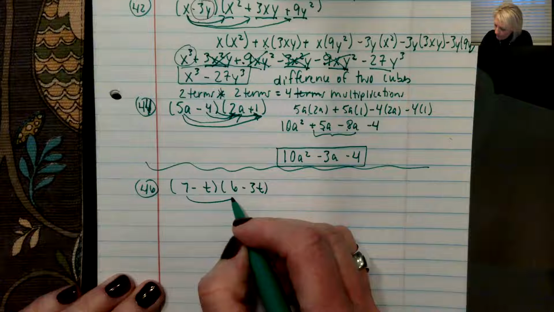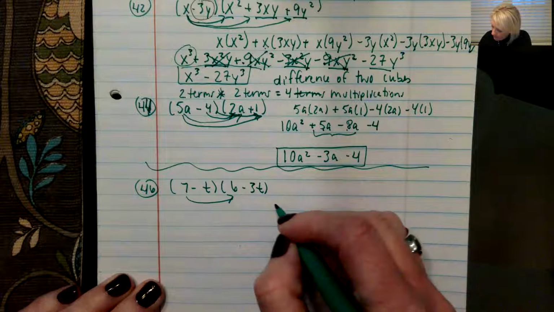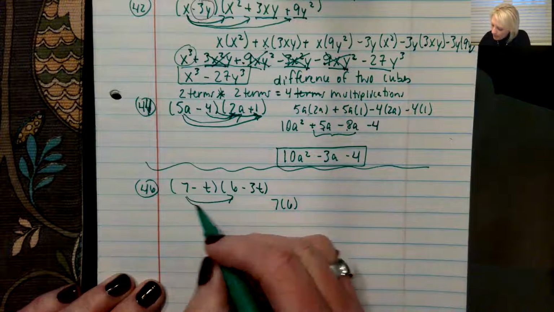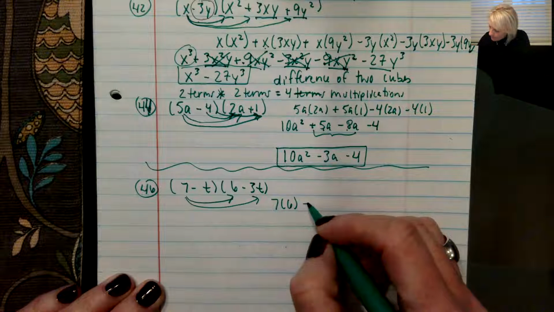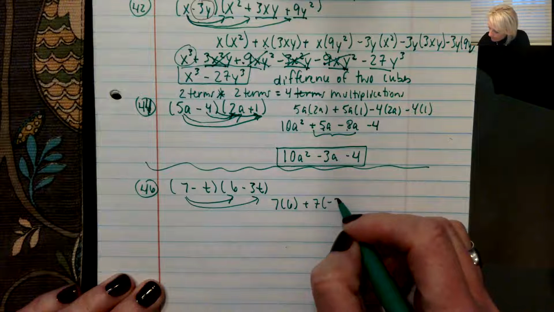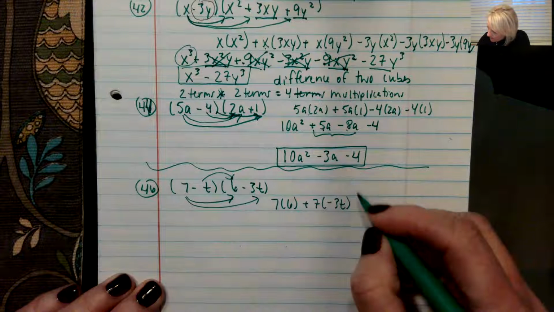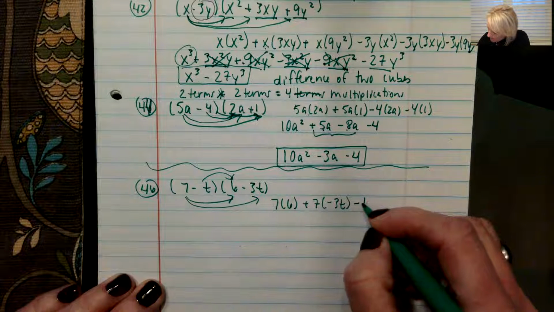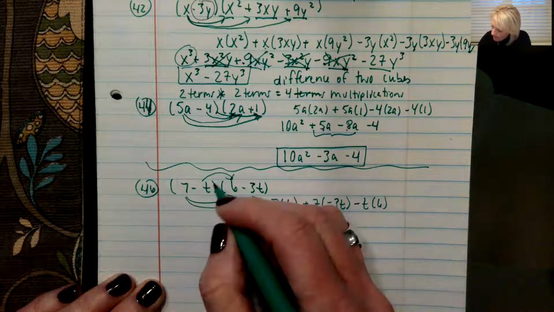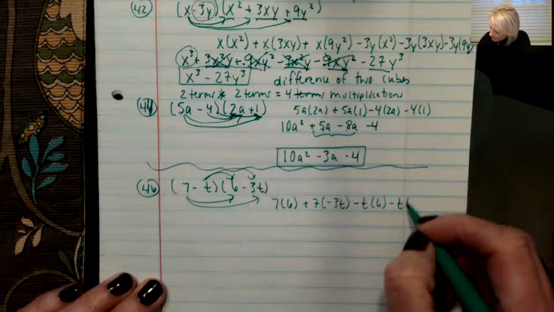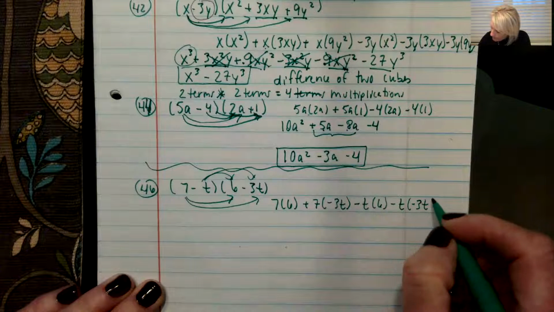So I'm going to do my first, so 7 times 6. And then my outsides is going to be plus 7 times a -3t. And then my insides is going to be a minus t times a 6. And then my lasts are going to be the minus t times the minus 3t.